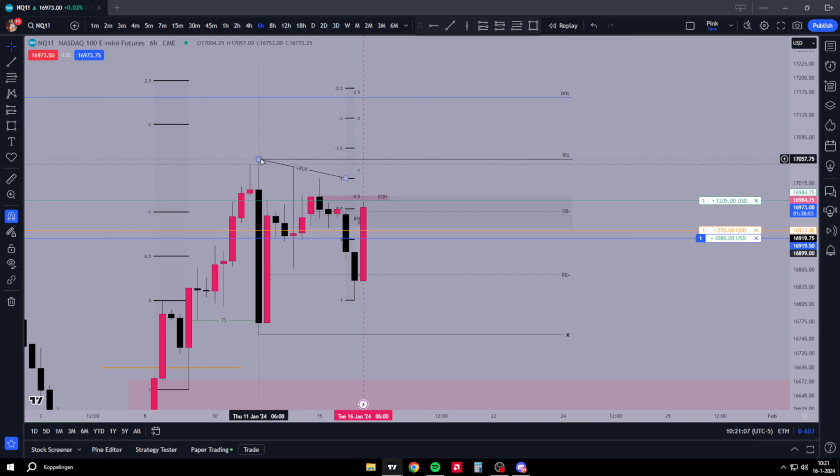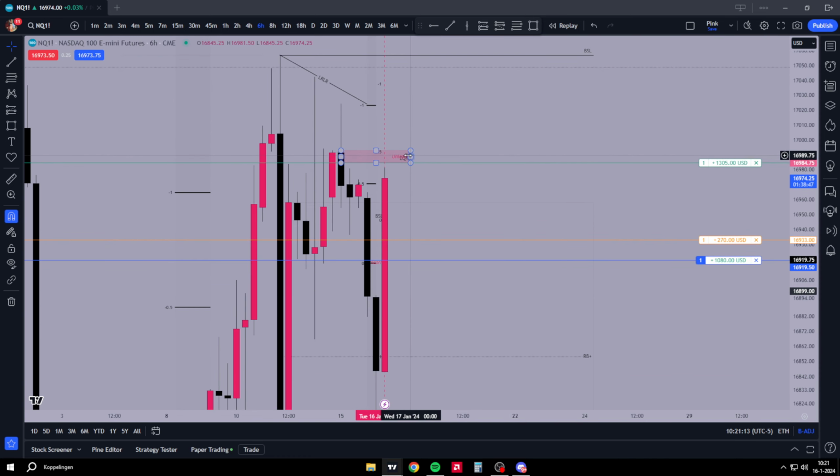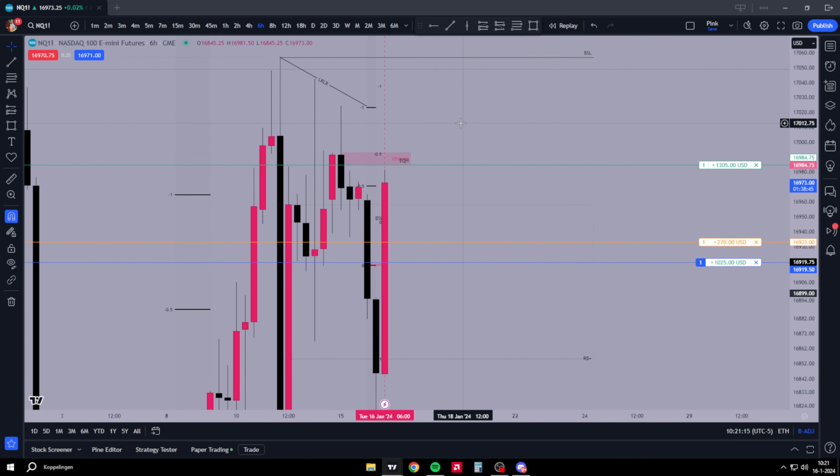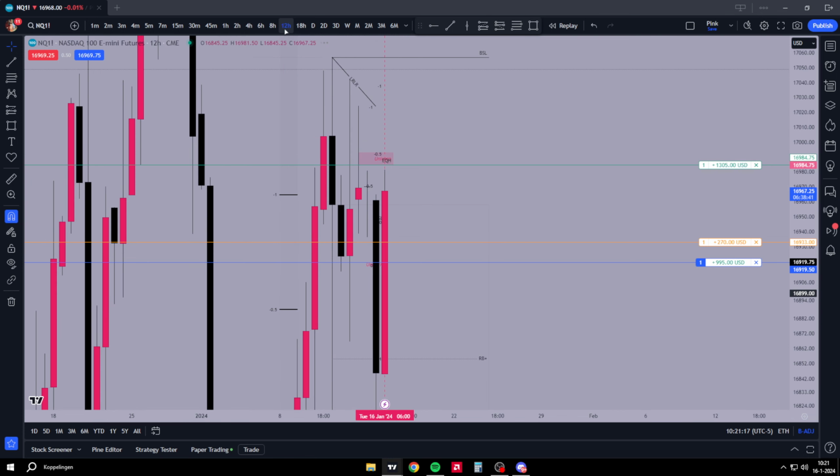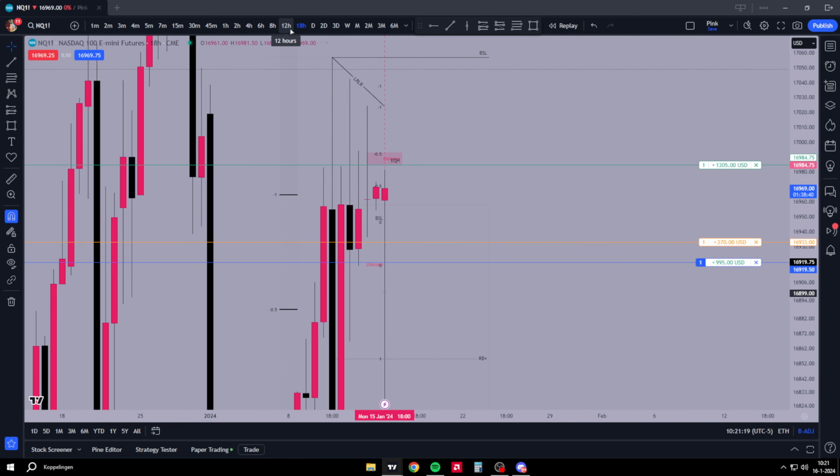I would want to see equal highs get swept there. And then, is there any reason for us to go even lower?